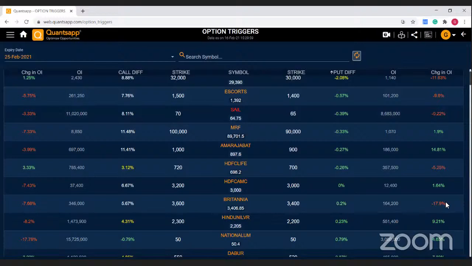It's not advisory. So keep this disclaimer in mind. We are doing the analysis of how we can use these tools in a more effective way and in a more practical way for day-to-day usage. So if I say Britannia is trading almost near to the highest put, and I can see the put writers are feeling very nervous at this particular point.